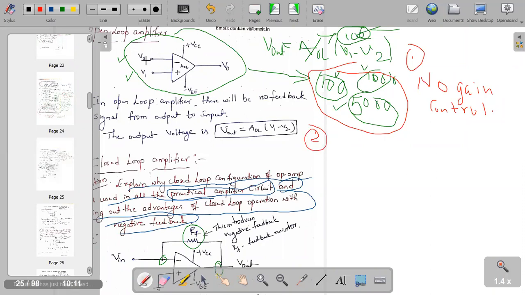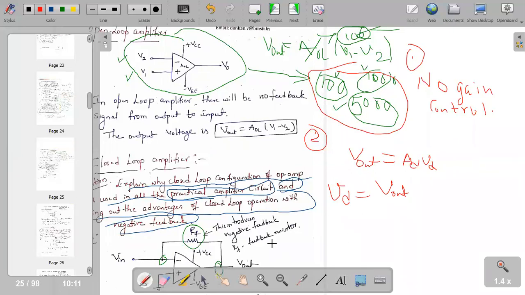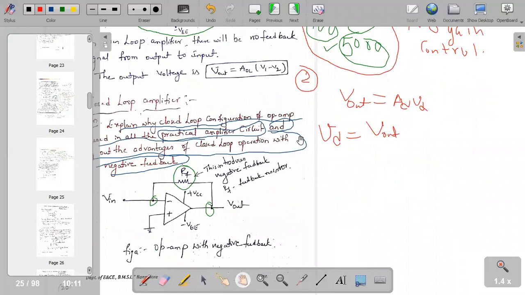The second very important drawback of the open loop configuration is, we know what the output voltage is. Observe here, the output voltage is AD into VD. So VD is equal to V out divided by AD.